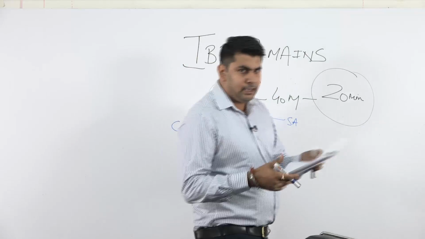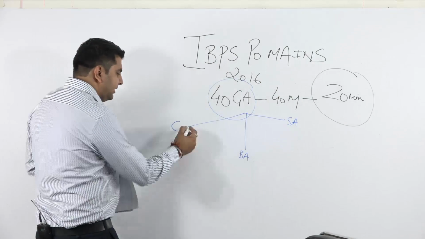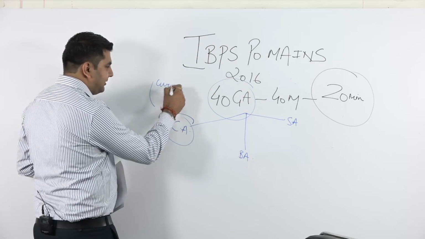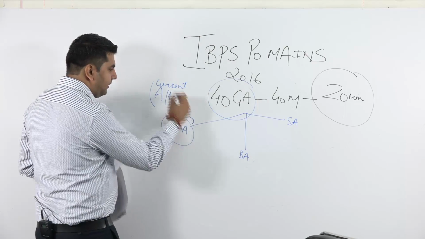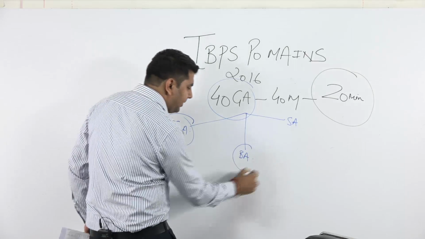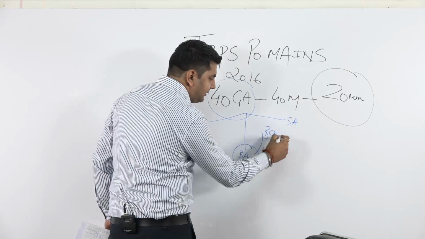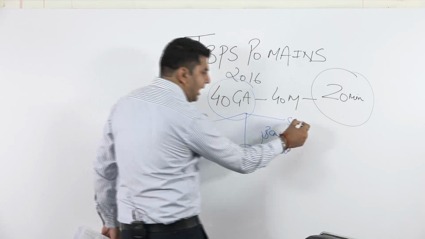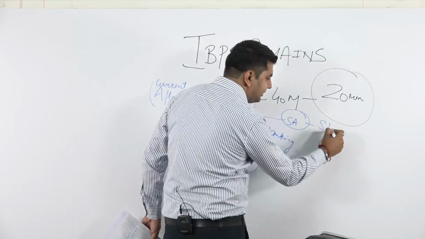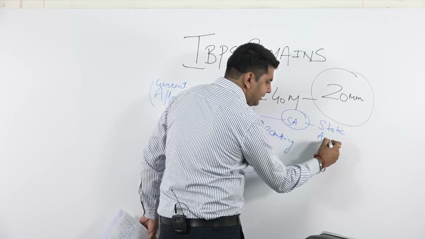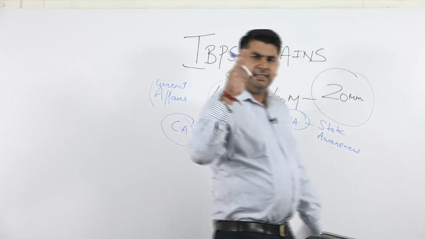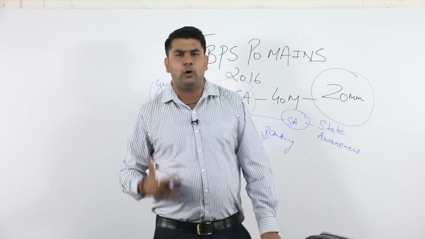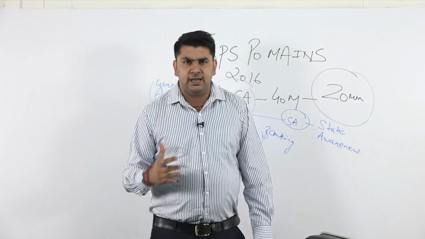Now CA stands for current affairs, BA stands for banking awareness, and SA stands for static awareness. Students, these are the 3 important parts of the GA section.